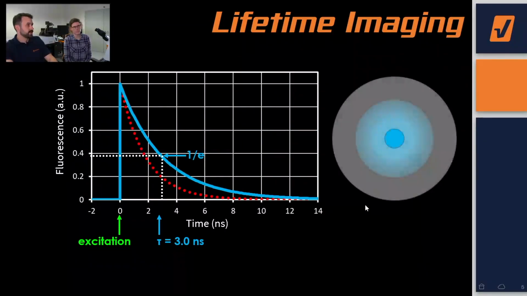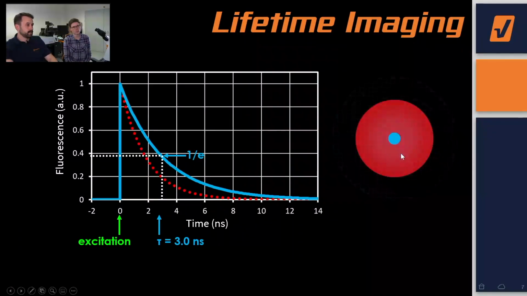What we use is a STED beam that switches off the fluorophores at the periphery, because it is donut-shaped, and in the center they're not being switched off. That switching off basically leads to a shorter lifetime at the periphery of the scanning spot and a longer lifetime in the center, and this is something we can measure in our microscope.